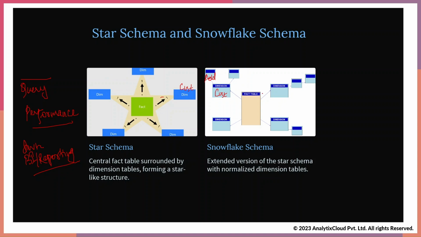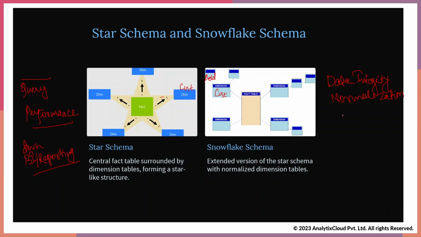Now coming to the snowflake, you should use snowflake when you are much concerned about, let's say, data integrity. Why? Because here we have normalization. Since we can see one dimension is spread across multiple dimensions, we do not have much data redundancy, hence we have much more data integrity, right?